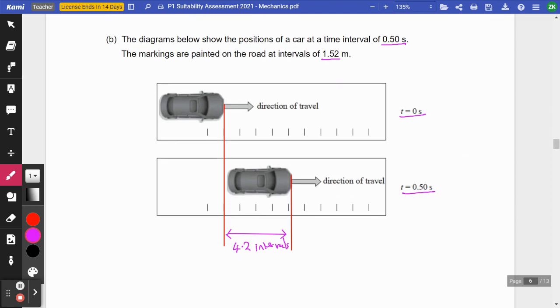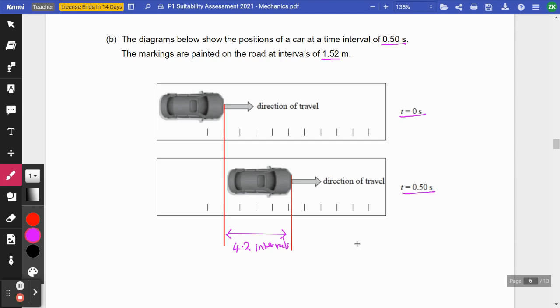Right, next. So draw lines on your pictures as much as possible. Those two red lines here indicate the start position at t equals 0, end position at t equals 0.5 seconds. We know that the distance traveled was from here to here. Each interval is 1.52 meters.